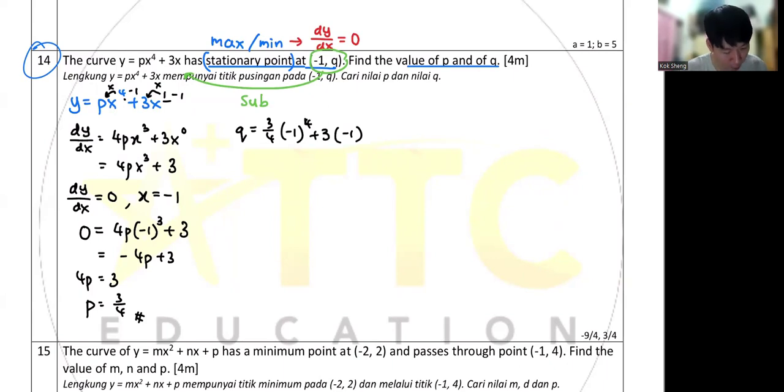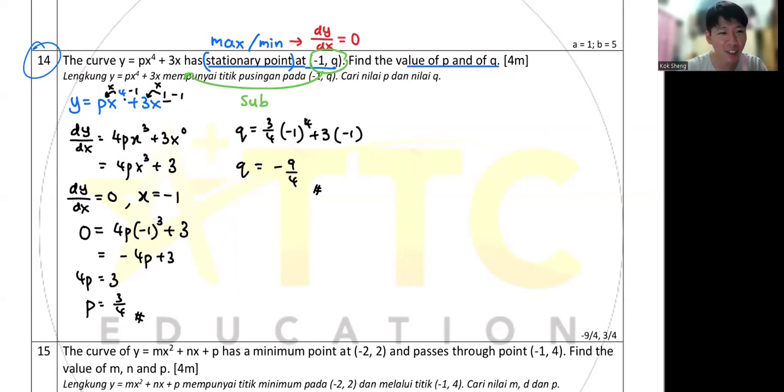Okay, so this one you can straight away press the calculator. 3/4 times -1 power 4 plus 3 times -1. Okay. -9/4. Finish. This is the 14.